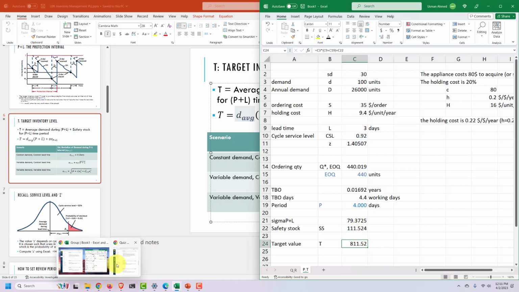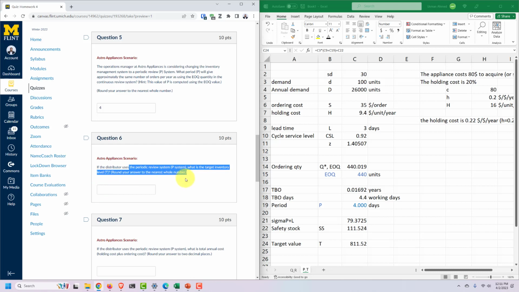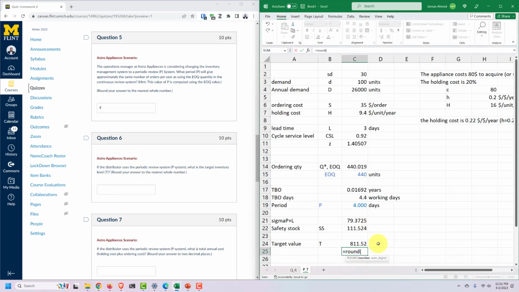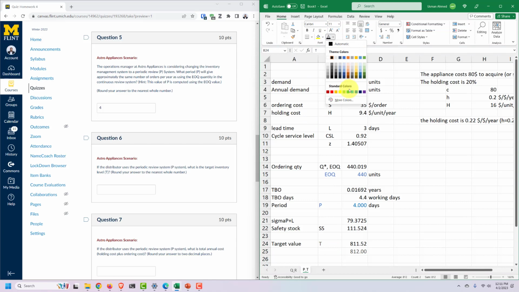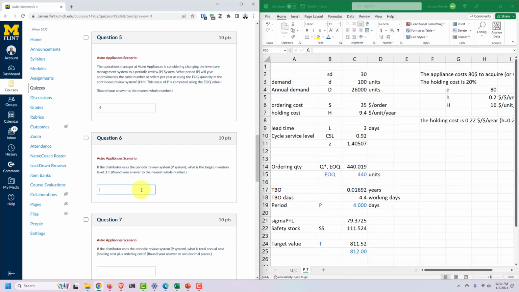Let's see what the rounding instructions say. Round to the nearest whole number. So again, I am going to do equals round this number, and I get 812. So this is my target inventory level T, 812.